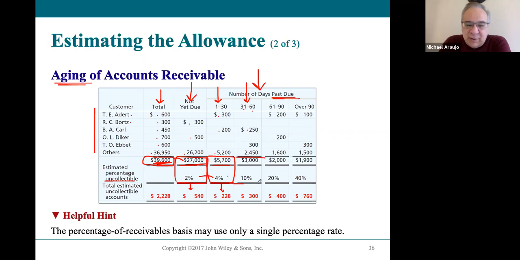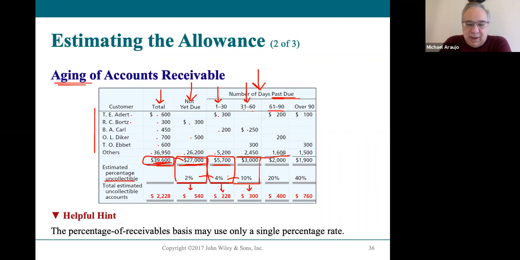But as you see, now they're expecting that really increases. They think that, wow, probably 10% of this we're never going to see. So they've estimated that $300 of that 3,000 they're never going to be able to collect. That's their estimate. It gets worse when you're 2 to 3 months late.